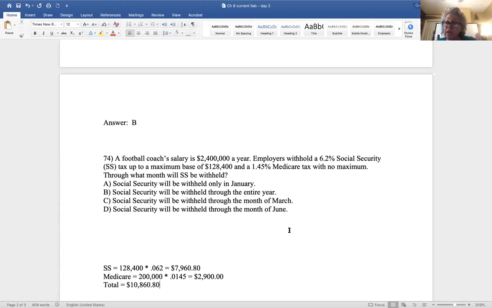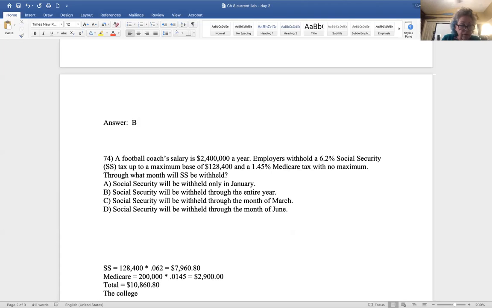So $10,860.80 would be withheld from the paycheck of the coach. Then the employer would have to have payroll tax expense of the same amount because of that dollar for dollar match requirement. So let's say this was a college.